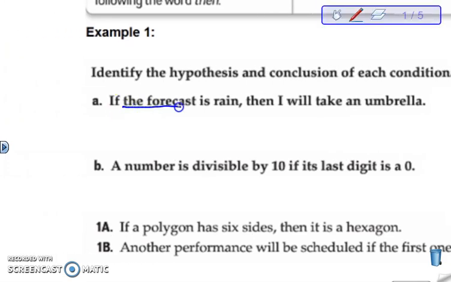So if the forecast is rain, then I will take an umbrella. The hypothesis comes after if. The conclusion is the rest.